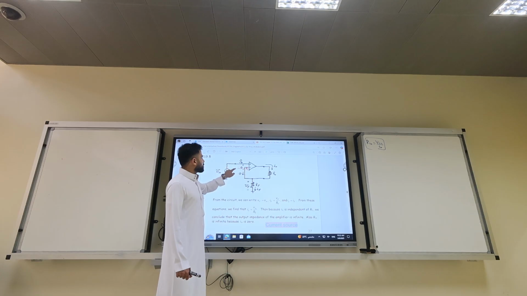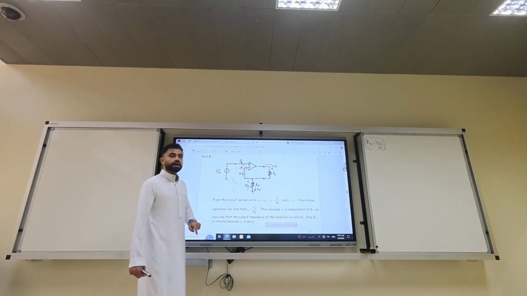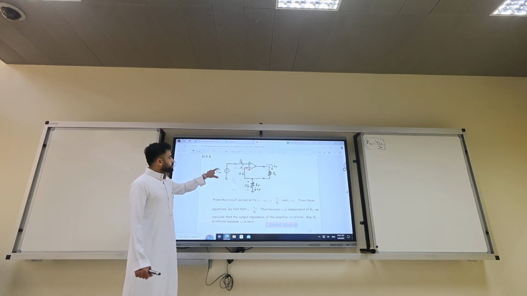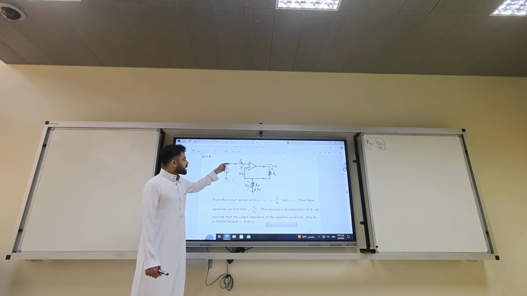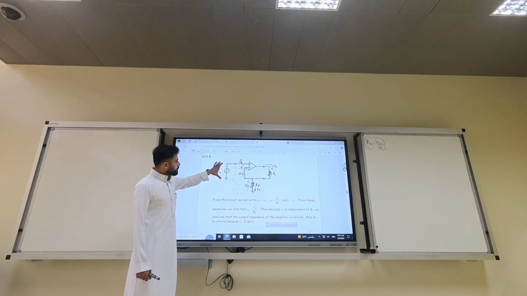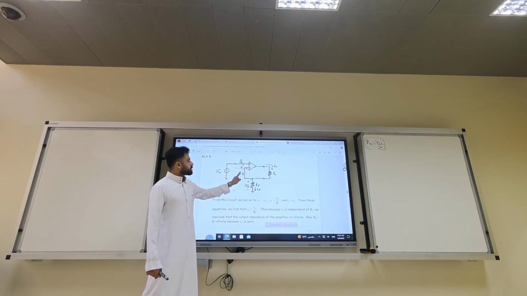It is also the input. Right? Note that we have a voltage source that does not put any current because this is a characteristic of the op amp. It doesn't allow any current to enter. Okay? So we have V input here, 0 current here. We also do not have current here.